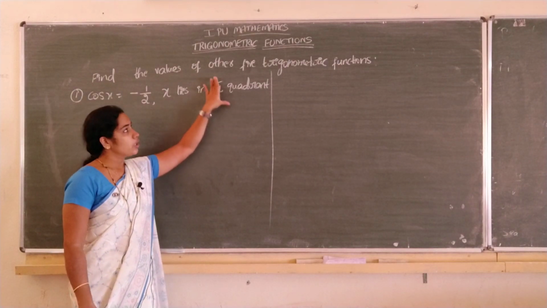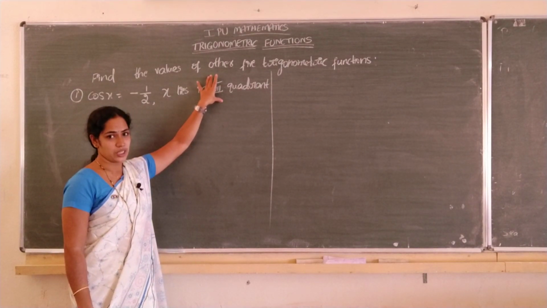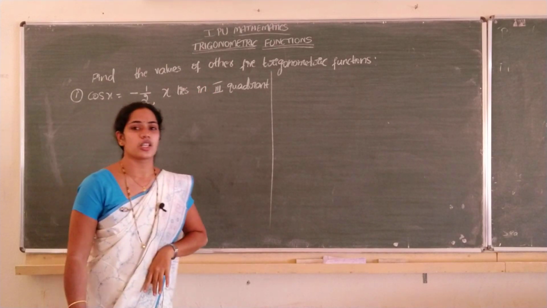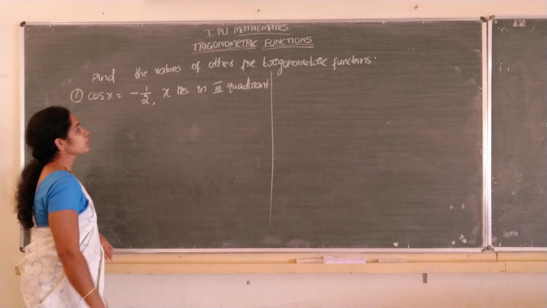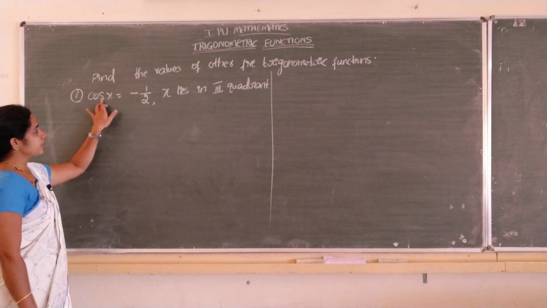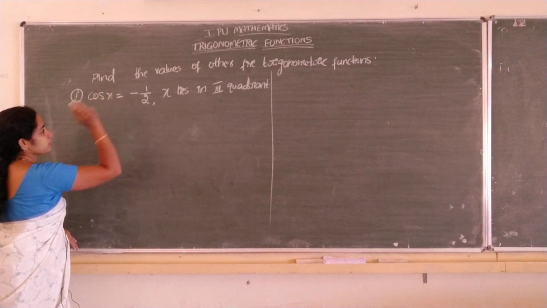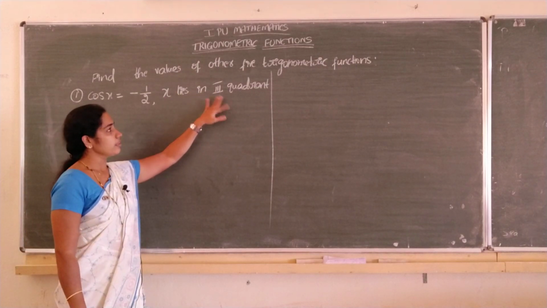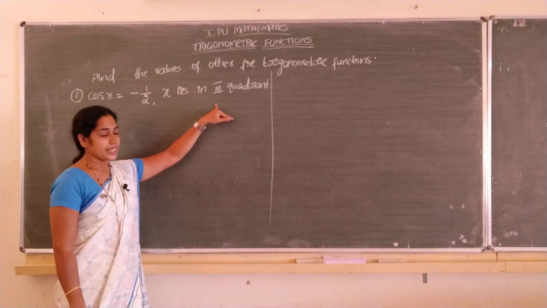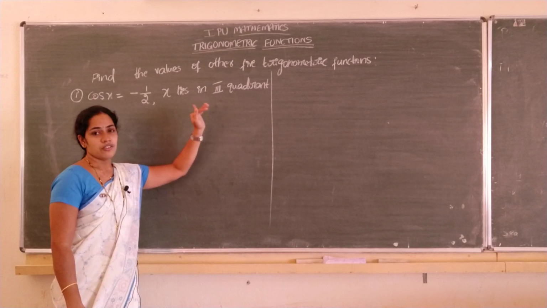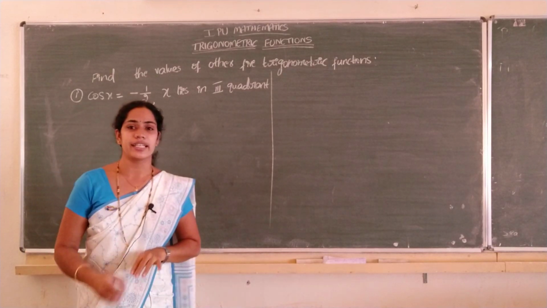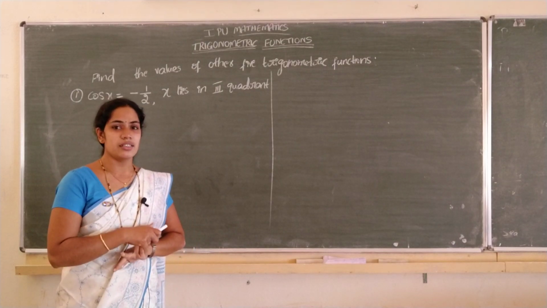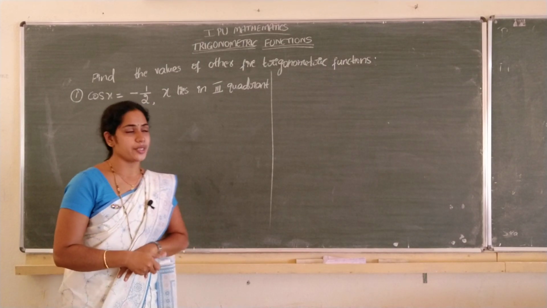One trigonometric function value will be given. We have to find out other 5 trigonometric functions value. See, cos x is equal to minus 1 by 2 is given. X lies in third quadrant. In the third quadrant, which trigonometric functions are negative? Cos x is negative and sin x is negative.